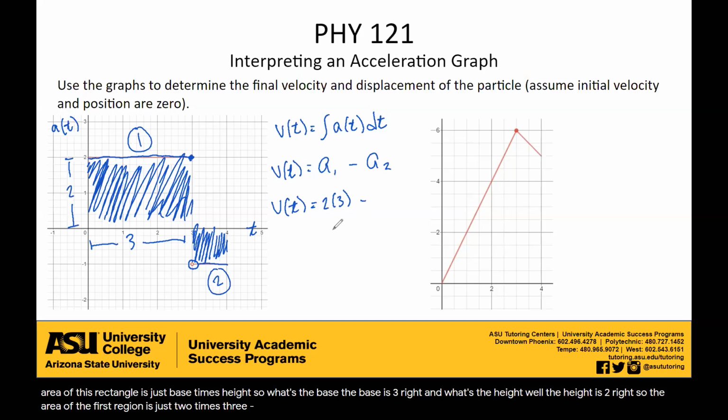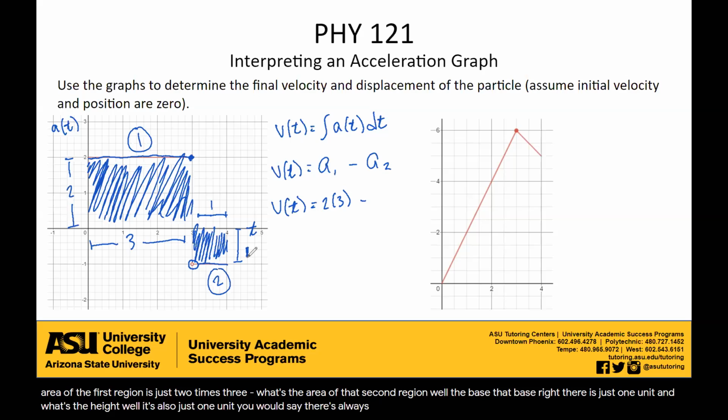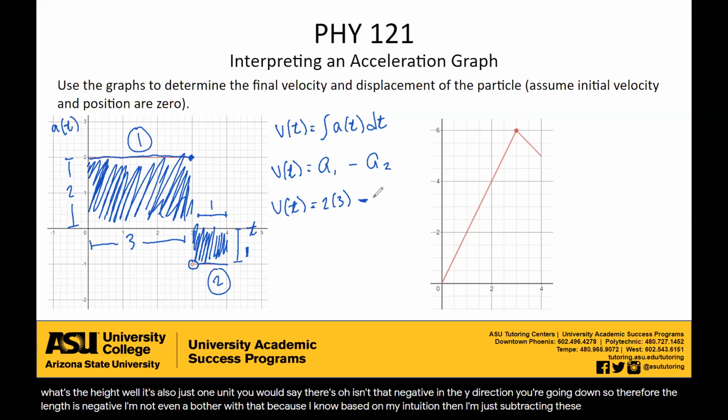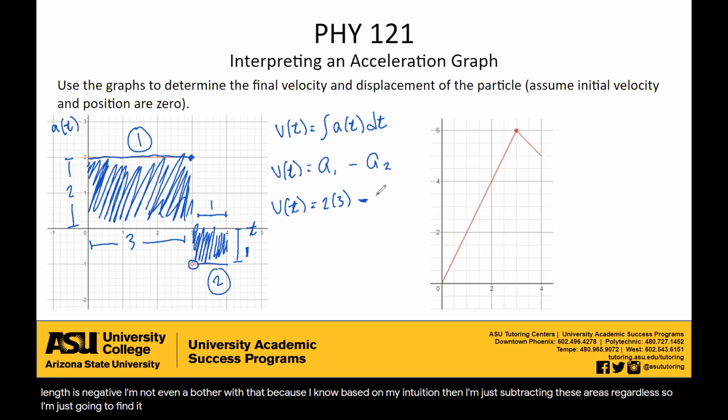Minus, what's the area of that second region? Well, the base is just 1 unit, and the height is also just 1 unit. You might say to yourself, isn't that negative? In the y direction you're going down, so the length is negative. I'm not going to bother with that because I know based on my intuition that I'm just subtracting these areas regardless. So I'm just going to find it as a positive number. So it's 1 times 1.